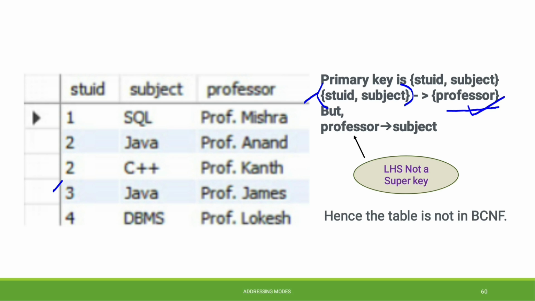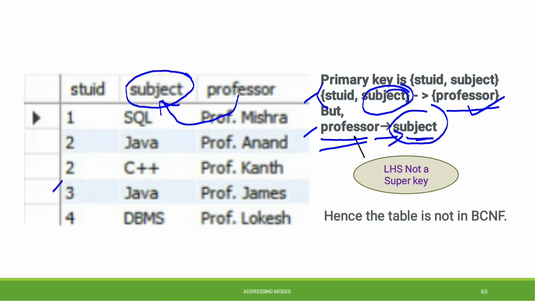That is okay. But in functional dependency 2, this non-prime attribute is deciding the value of a prime attribute, because subject is a prime attribute here. So this non-prime attribute value is deciding the value of a prime attribute. How can we say this? Java is taught by whom? Professor Anand. This Java is taught by whom?